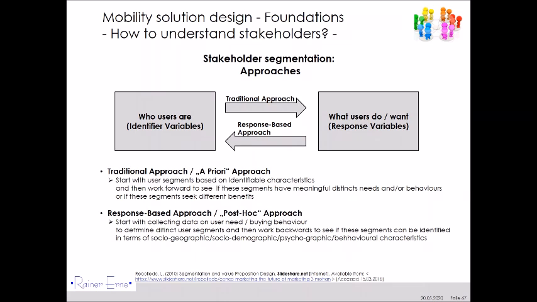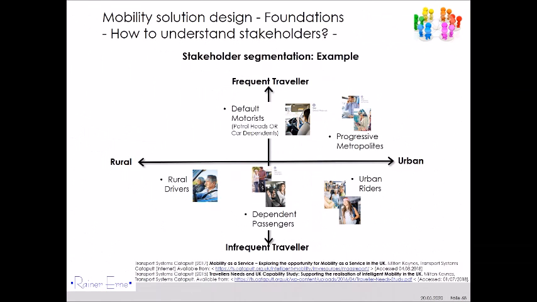That means, according to interviews or observations or experiments you have done, you can categorize certain segments of users or motorists according to predefined criteria. Now I'm going to show you some a priori approaches which we find in literature, especially for mobility topics. Quite a lot of segmentation has been done already.